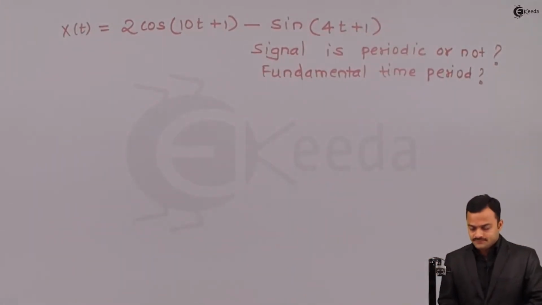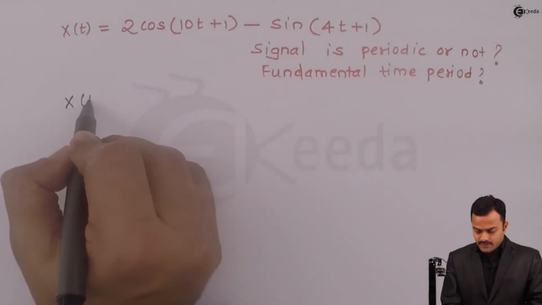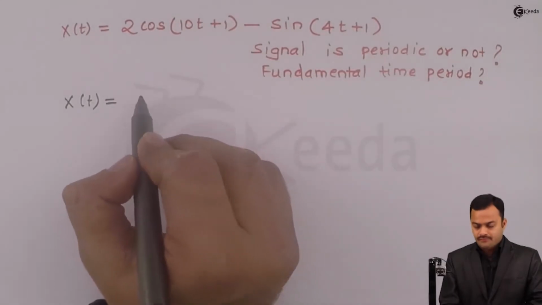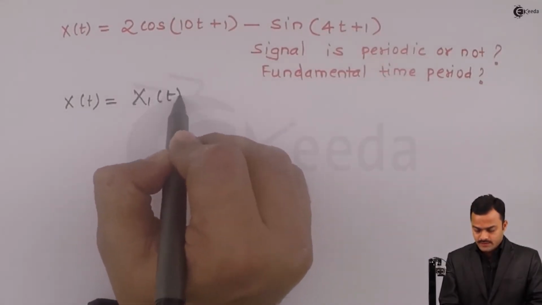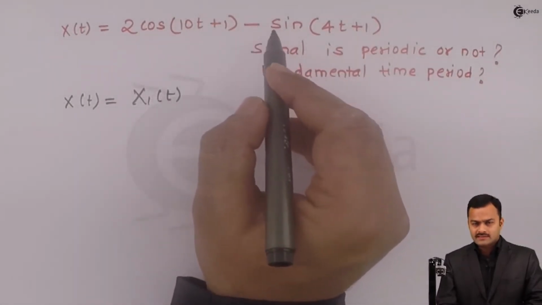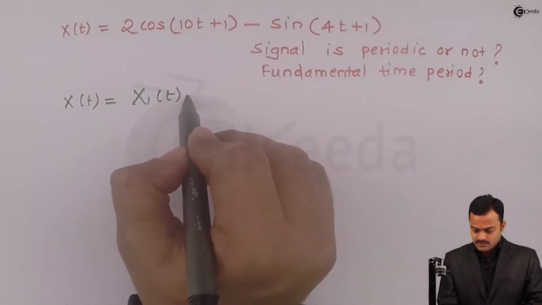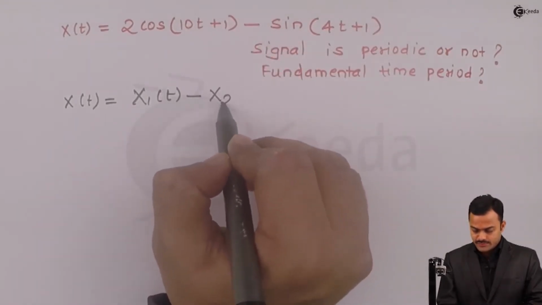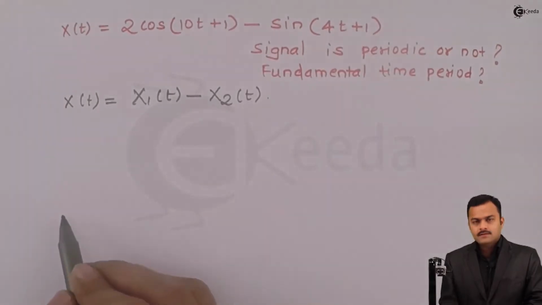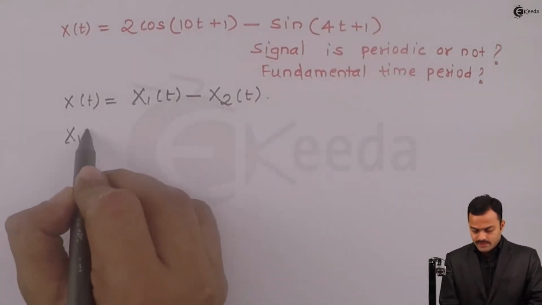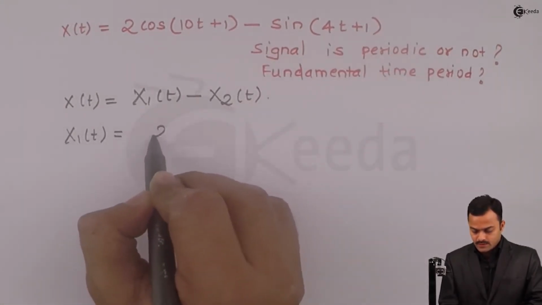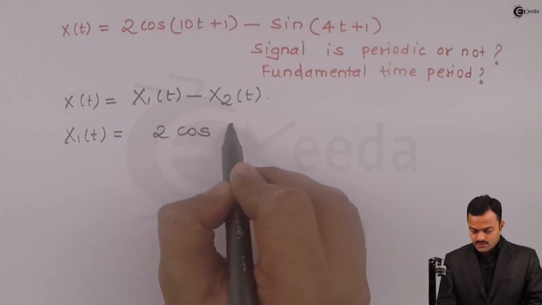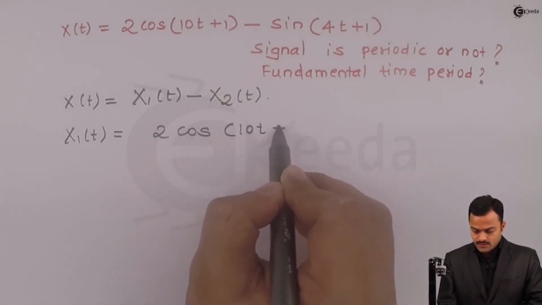So let's start. Over here, x(t) consists of two signals, x1(t), you can consider plus or minus, that won't affect much. So let's consider this as minus x2(t). So x1(t) is 2 cos(10t + 1).